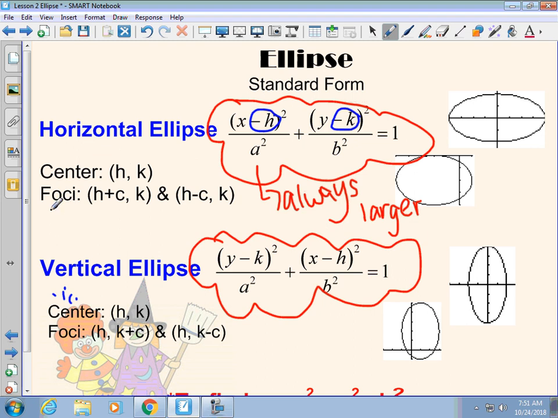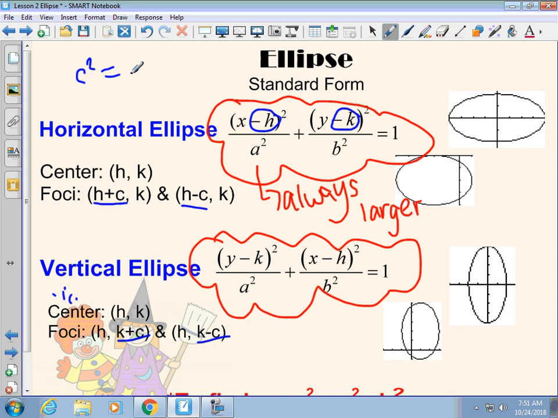When finding the foci, okay, on a horizontal ellipse, it's H plus C, H minus C. Okay, because things are being affected on the horizontal axis there. For vertical, it's going to be K plus C and K minus C because those are being affected on the Y since it's vertical.